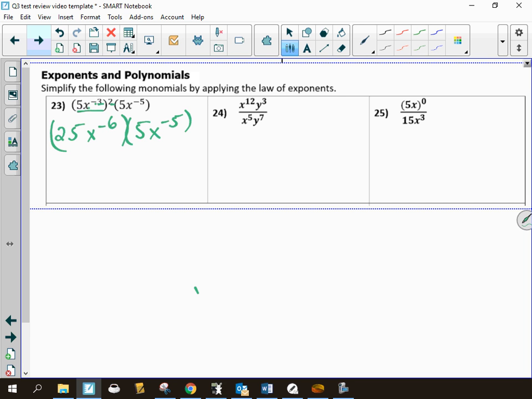Now, this will be 125x to the negative 11th power. But you shouldn't leave a negative power in your final answer. This negative 11 only refers to the x, not to the 125. So that'll be 125 over x to the 11th power.